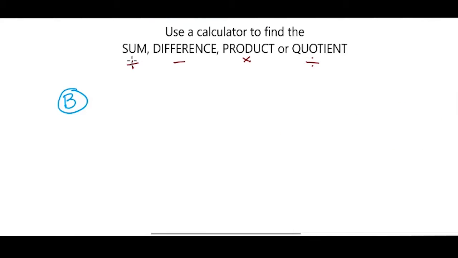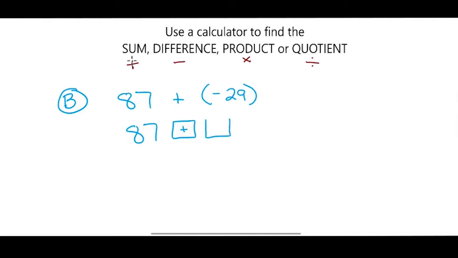For example B, we'll start with 87 plus negative 29. There's a couple ways you could do this. Most modern calculators, especially those in smartphones, will let you plug it in like this: 87, and then hit the plus sign, then hit the minus sign, and punch in 29, and then hit equal.